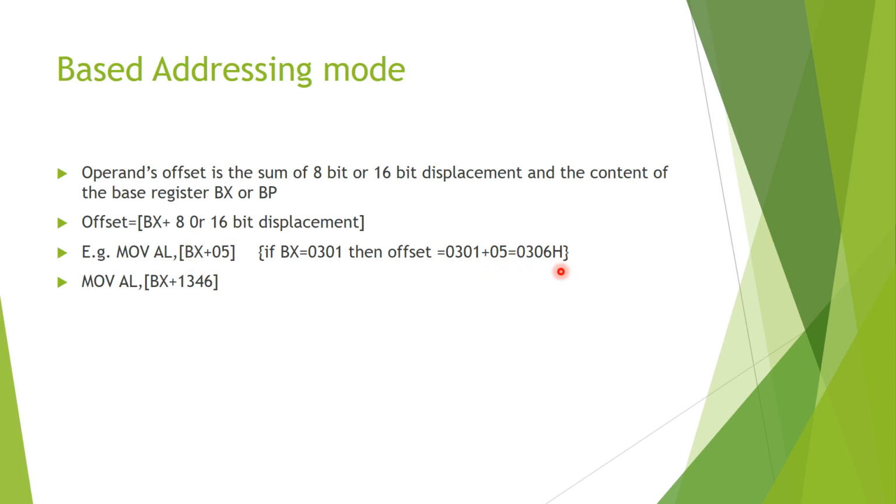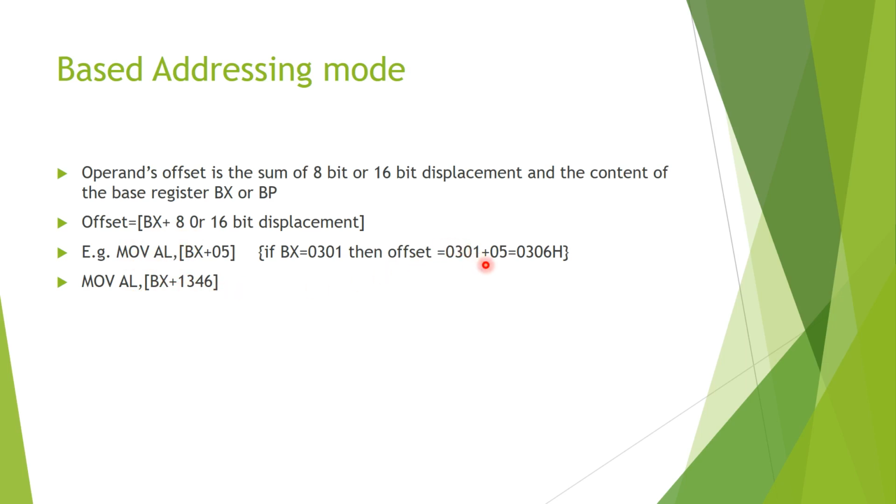Now this offset is used to calculate the 20-bit physical address along with the data segment register. Then that memory location will be accessed and the contents of that memory location will be moved to the lower register of the accumulator. Similarly, we can use the 16-bit displacement.